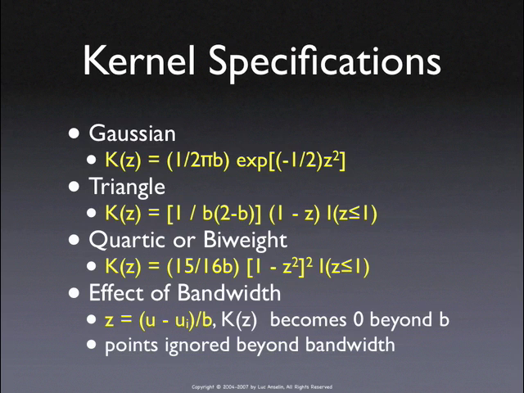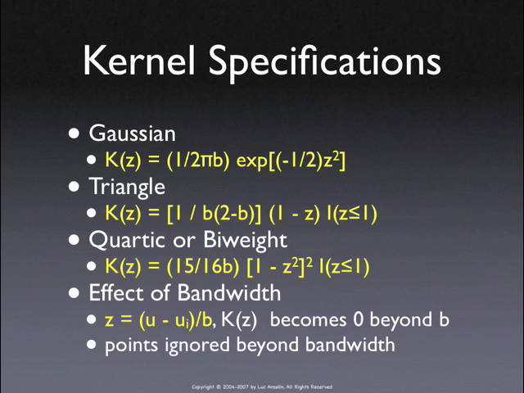That's a function that takes a value of 1 when the condition, in parentheses, is true, and 0 otherwise. Think of our bandwidth. What is the condition? The condition is the ratio of the distance between the reference point and the observed point to the bandwidth. In other words, if the point is within the bandwidth, this ratio will be less than 1, and our indicator function will say yes, 1.